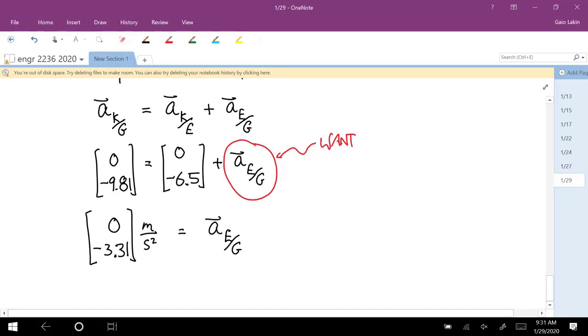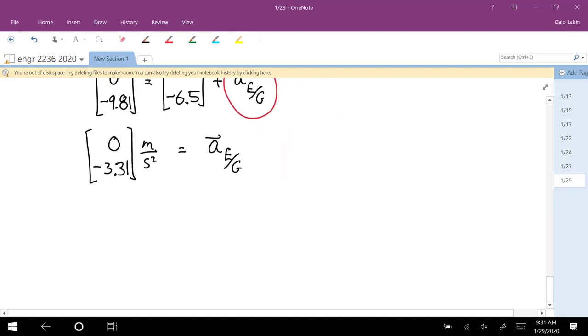I always think of it as, like I said, the object relative to the ground is equal to object relative to vehicle plus vehicle relative to ground. But you could also do it like this. Remember that we're trying to find the acceleration of the elevator relative to the ground. And we have three things: an elevator, keys, and the ground.